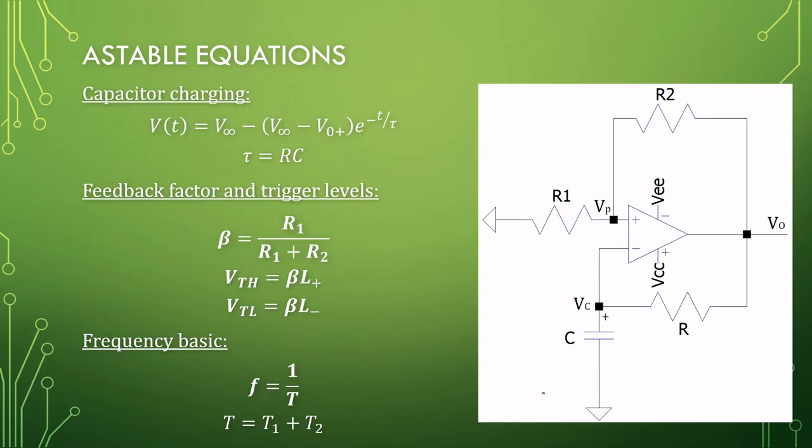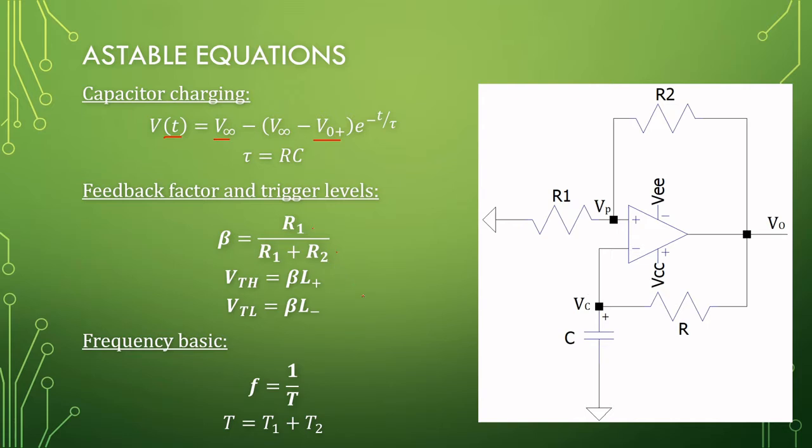So in terms of equations, we can look at the charging of a capacitor. So V infinity is where our capacitor is charging towards, and V0 plus is where our charging is happening from, and then Vt is the voltage at a certain time. Okay, R1 and R2 determine our trigger levels.